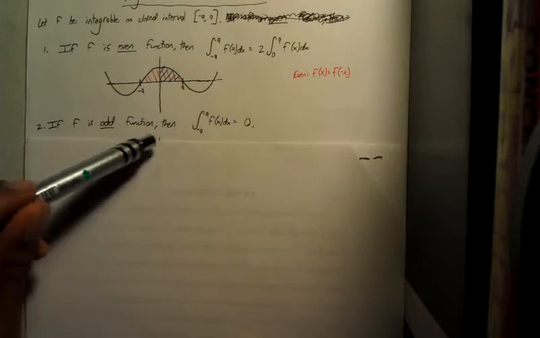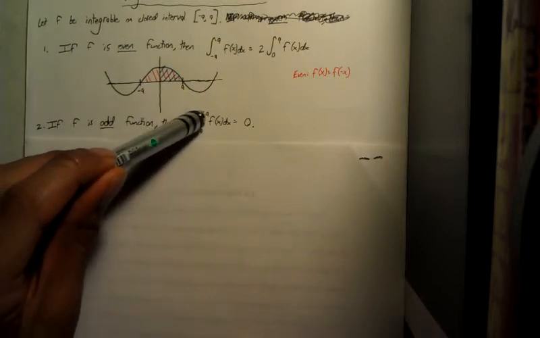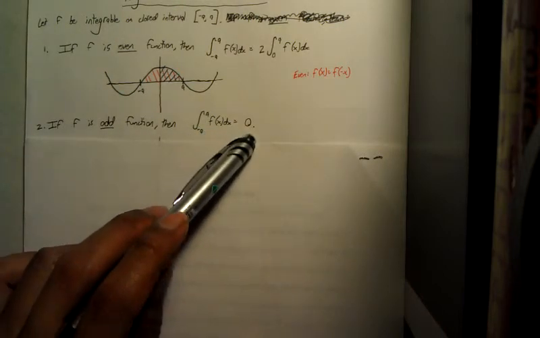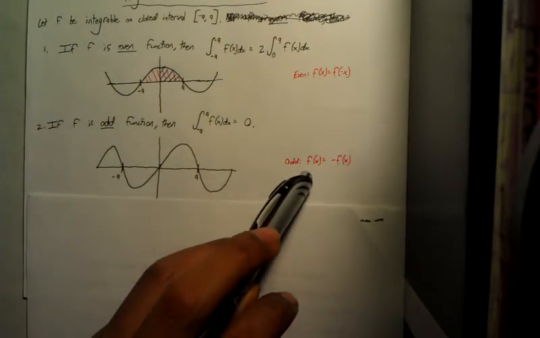Hopefully that makes sense. The second one is if f is an odd function, then the integral from -a to a of f of x dx equals 0. For an odd function, recall that f of negative x equals -f of x. They're symmetrical around the origin.